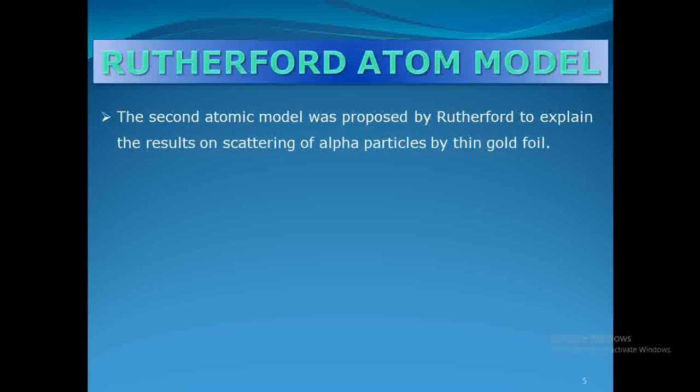He observed that there is some deviation of the alpha rays. He was trying to explain why some alpha particles are scattered at very large angles, and a few are undeviated, that is, they do not undergo any deviation. In order to explain this, he tried to explain the structure of atom.